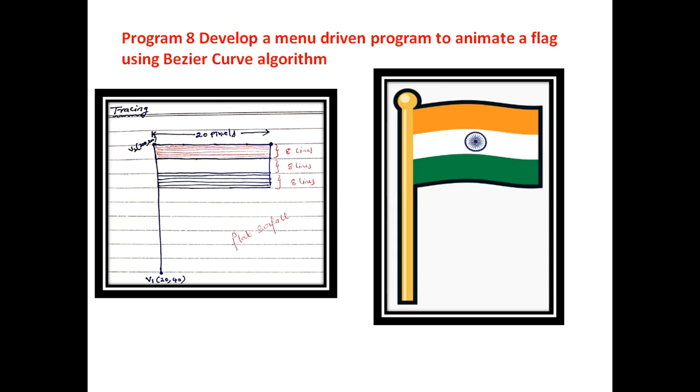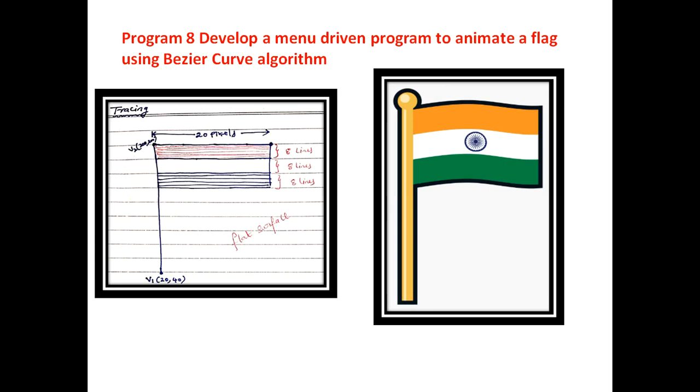One of the applications of Bezier curve is that we can implement animation, or animated images. So today we will discuss how we can create an animated flag using the Bezier curve algorithm.